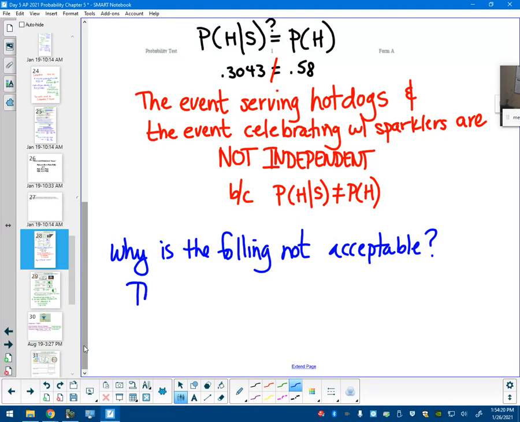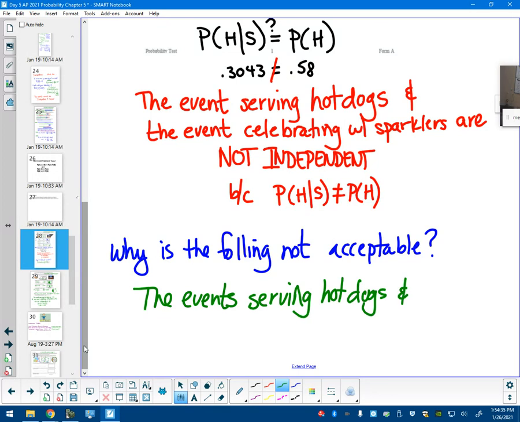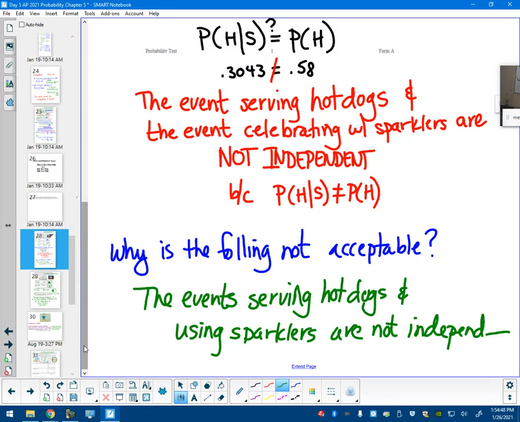Why can't I say the events serving hot dogs and using sparklers are not independent? Why is that unacceptable?